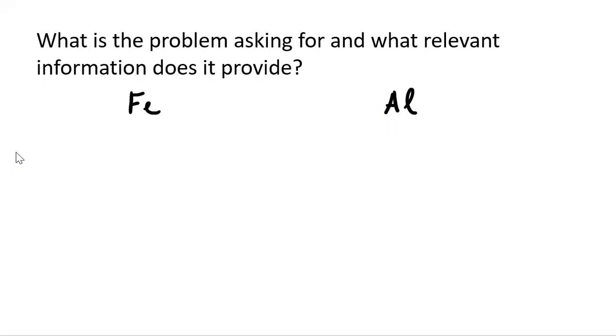For iron they give us a mass sample and a volume for that sample. From there we can come up with a density value, and just recall that density, rho, is equal to the mass of the object divided by its volume. So the density of iron is going to be 7.80 kilograms.